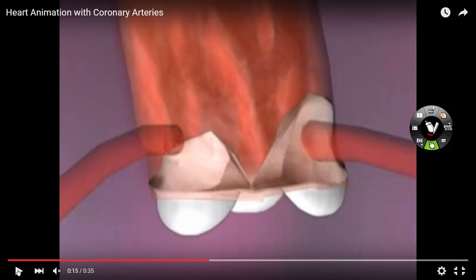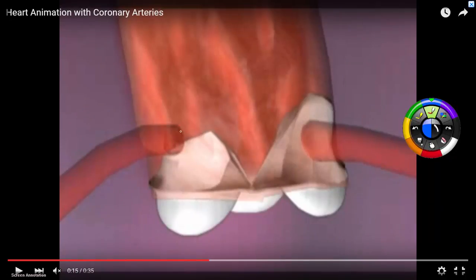When the aortic valve opens, it blocks the openings to the coronary arteries. So when the left ventricle contracts during ventricular systole and O2-rich blood is being sent to the other cells of the body, blood flow through the coronary arteries is being cut off.